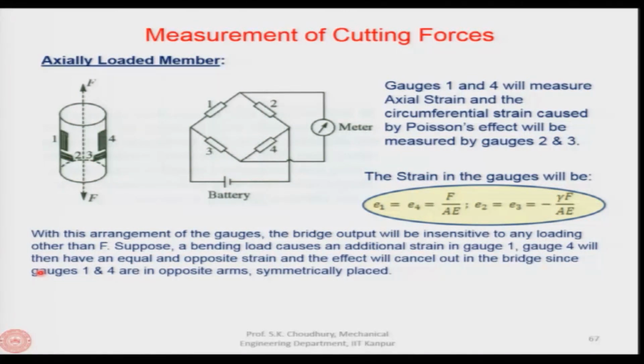So, when F is applied, the axial strain will be sensed by gauges 1 and 4, and 2 and 3 will not be able to sense the axial strain happening in this component. The way 2 and 3 are located, perpendicular to 1 and 4, they will sense the circumferential strain caused by the Poisson's effect.